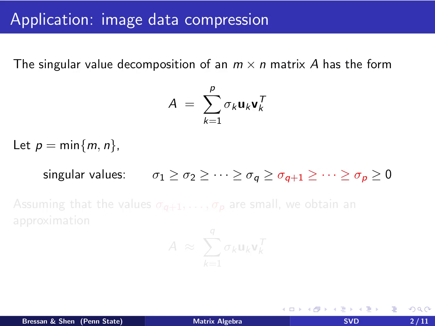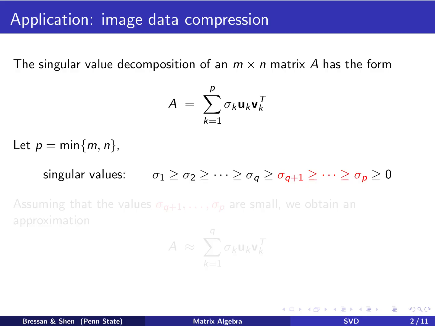So we'll pick up at the end point of the theorem of singular value decomposition, and that is, we realize that the matrix A can be recovered as the sum of all these terms.